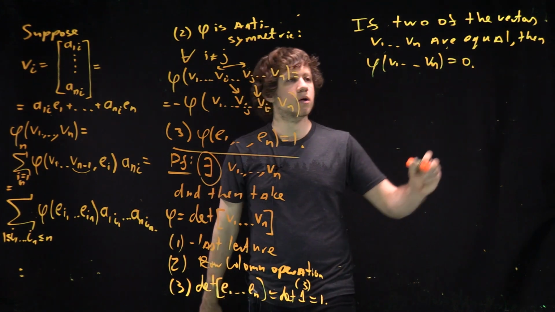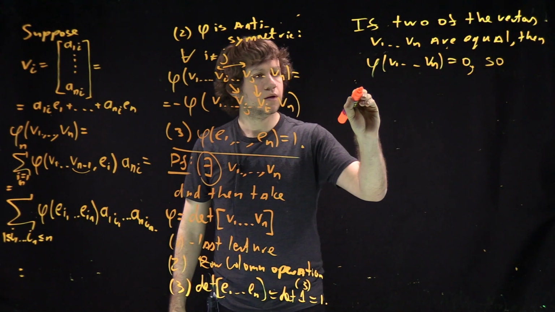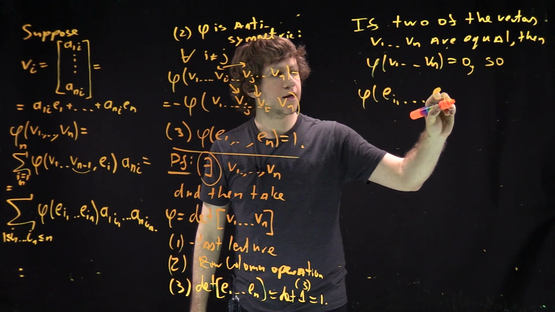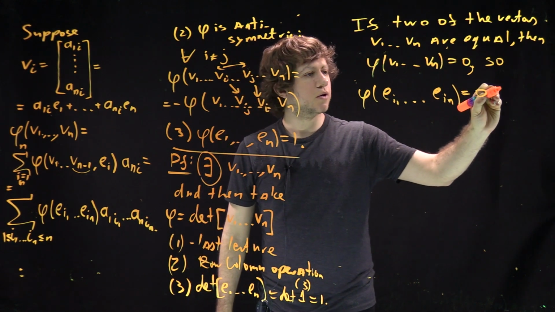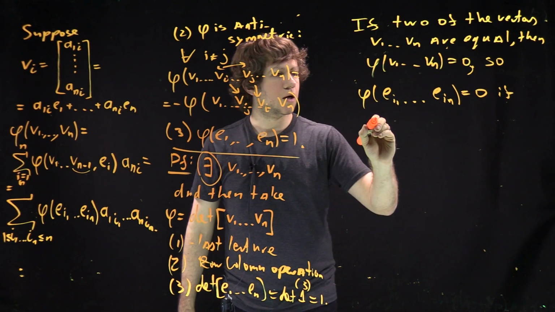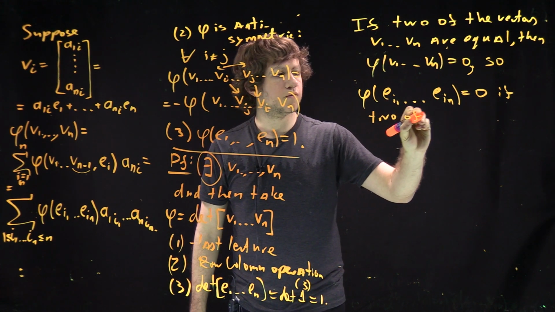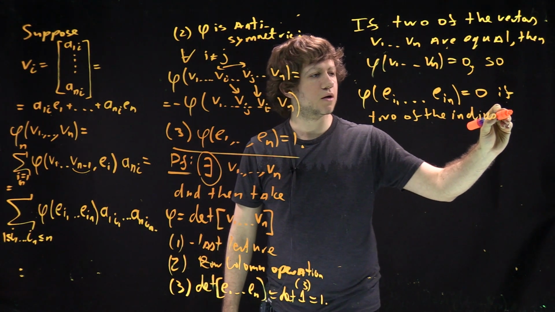And so phi of ei1 up to ein equals 0 if two of the indices coincide.